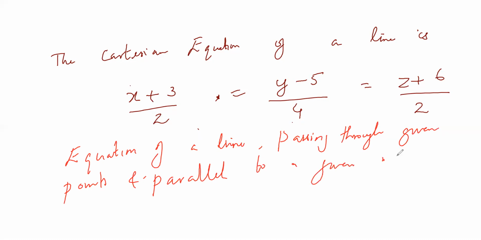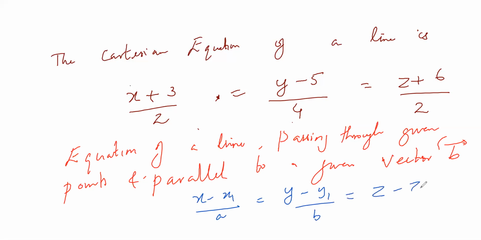Which means we have to be very thorough with the vector and the Cartesian equation. So what is this equation that I'm going to write now? (x − x1)/a = (y − y1)/b = (z − z1)/c. So this is actually similar to this.